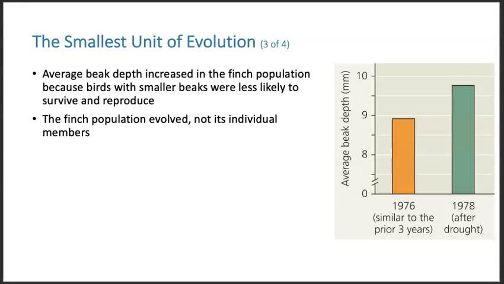Again, the beak depth changed in the population, not because individuals grew bigger beaks. They didn't. What happened was the birds with smaller beaks were less likely to survive to reproduce, and the ones with larger beaks were more likely to survive to reproduce and pass on that trait. So the population evolved, not its individual members.